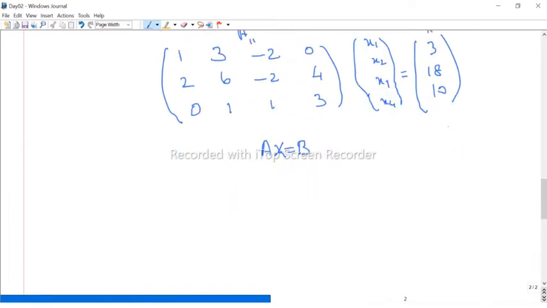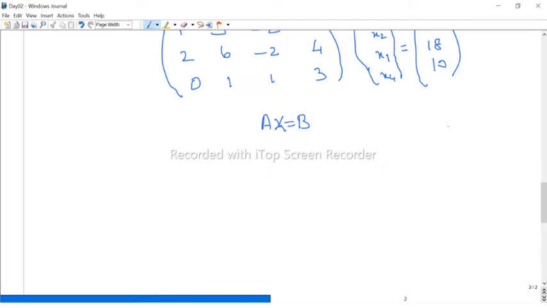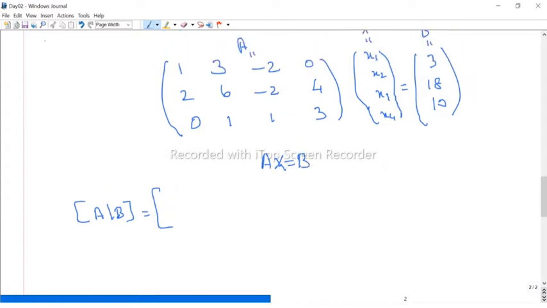Now what is the augmented matrix? We have to write the augmented matrix by merging this column vector B to the matrix A. So the augmented matrix is: 1 3 minus 2 0, 2 6 minus 2 4, and then 0 1 1 3.